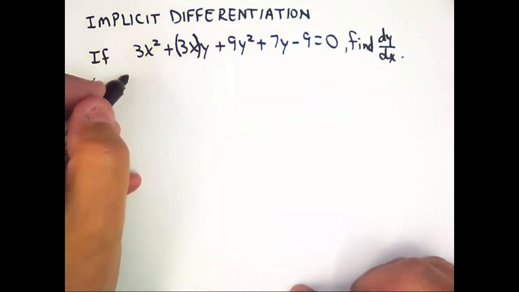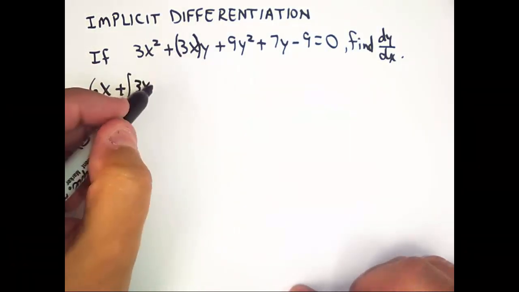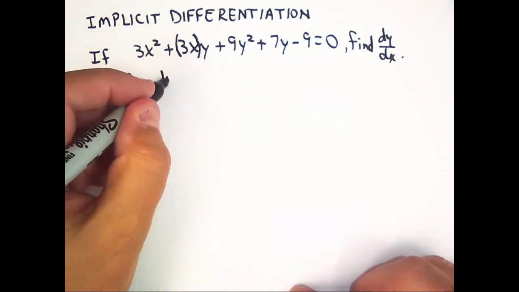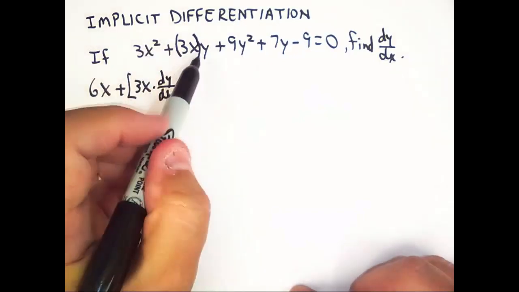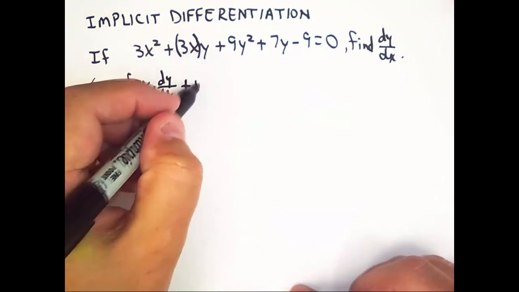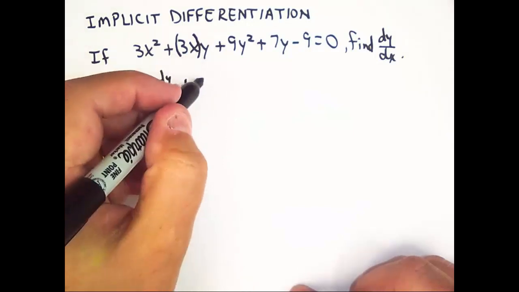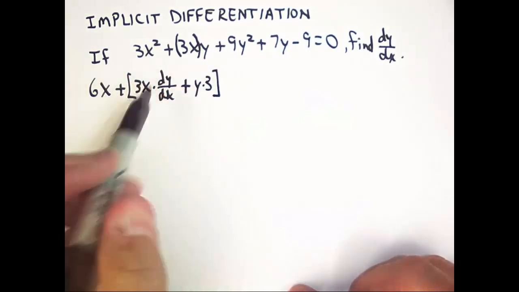The product rule says you take one of the factors and multiply it by the derivative of the second factor. The second factor is y, so its derivative is dy over dx, plus, then you reverse it and you take the second factor and multiply by the derivative of the first factor, where the derivative of 3x is 3.